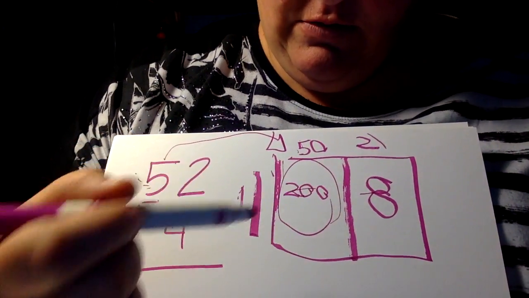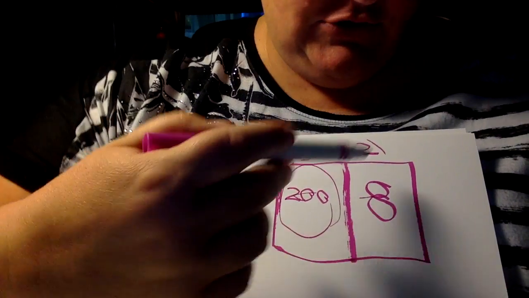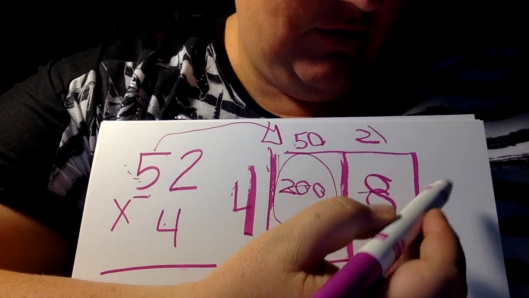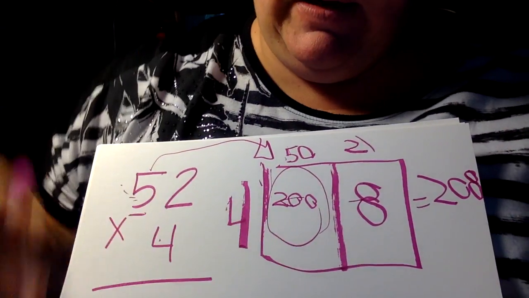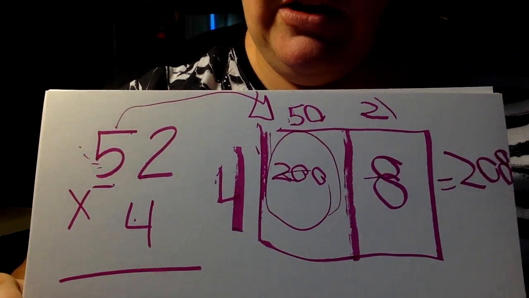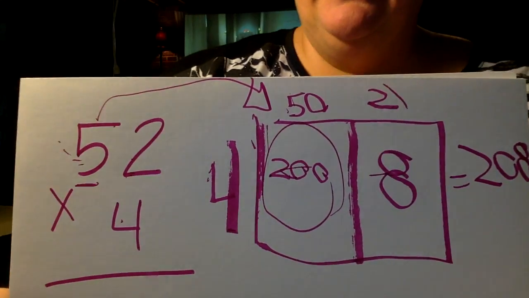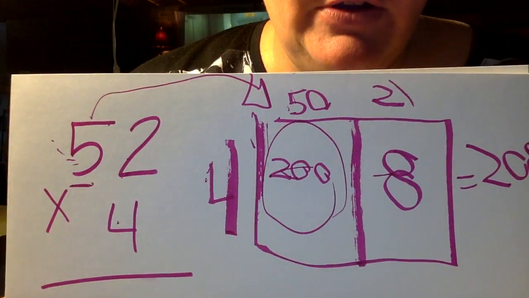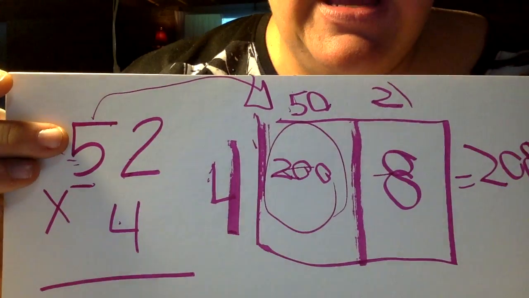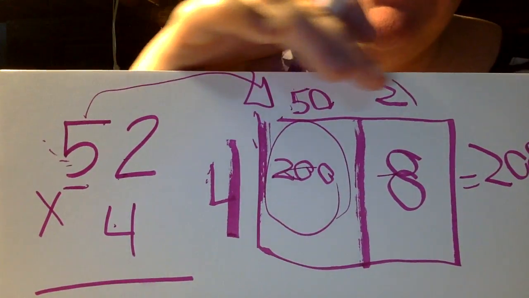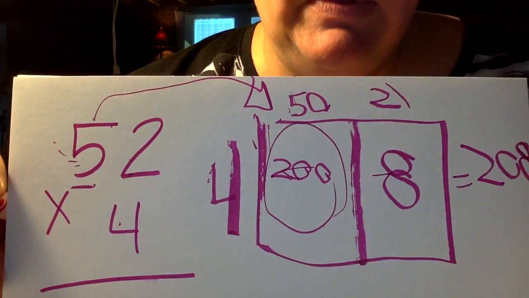Right here. We simply have to combine 200 plus 8, and we know that equals 208, don't we? Check your answer. Use a calculator. The box method works. And it takes big numbers like 52, and it makes them easy numbers for us to use to multiply.